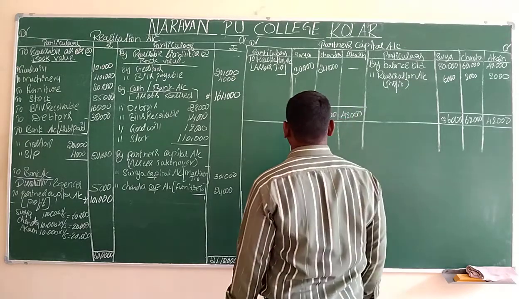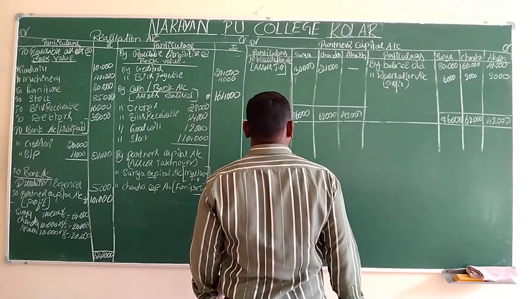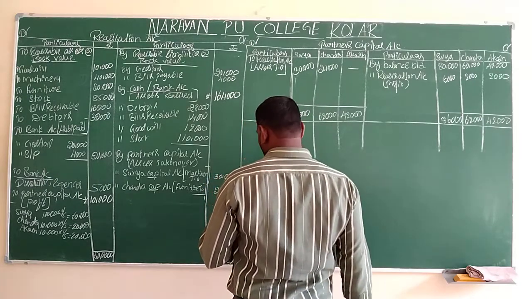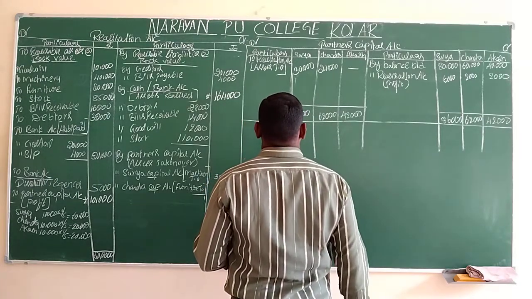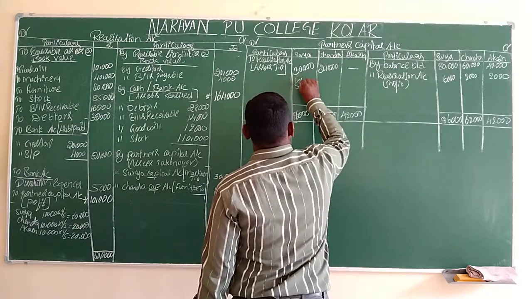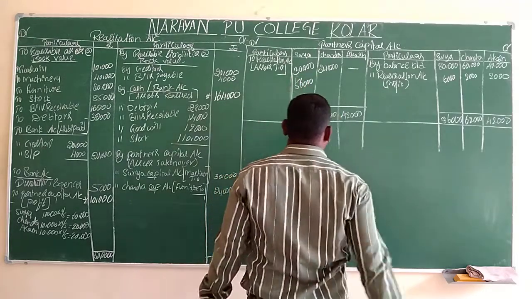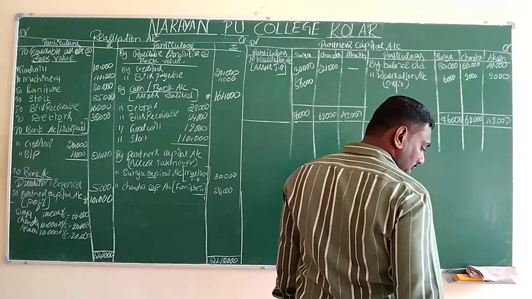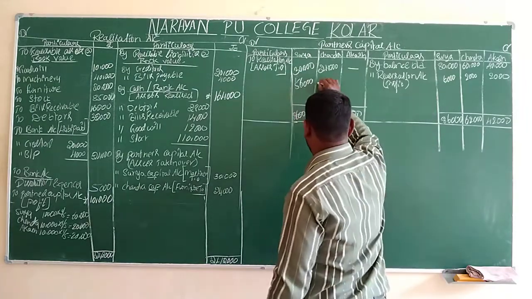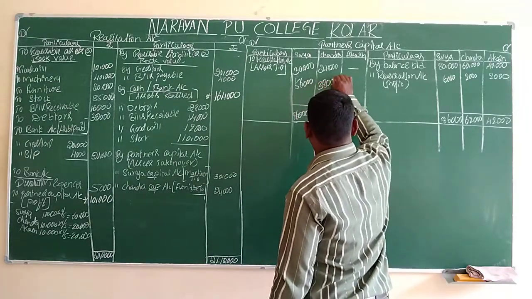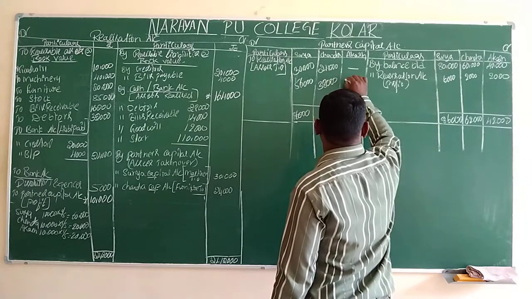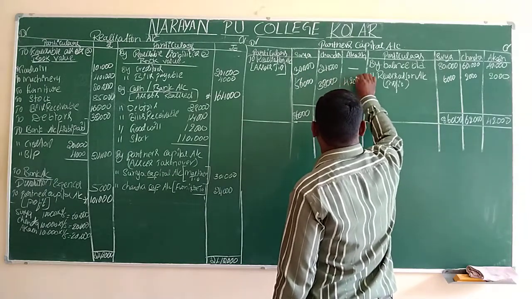Out of this we will deduct the values. 86,000 minus 30,000 we will get 56,000. After that, 62,000 minus 24,000 we will get 38,000. And the third partner will get exactly 42,000.